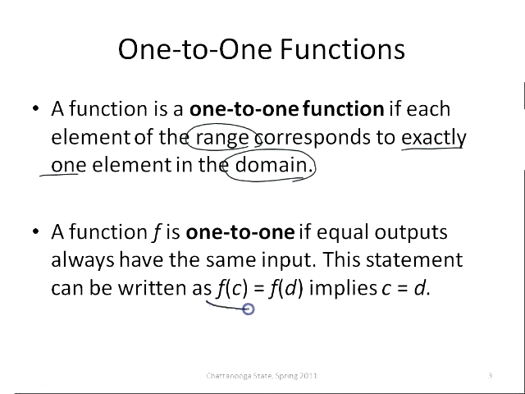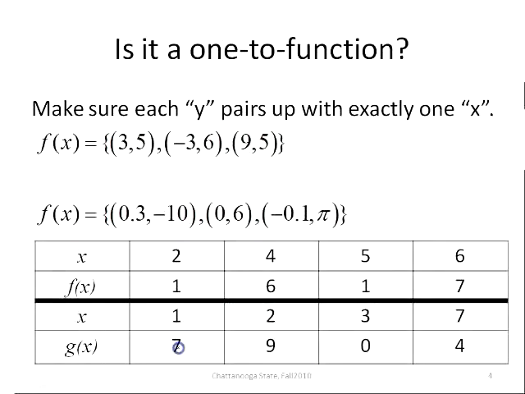So another way to put that is, if you have two equal y values, then you know the x values that gave you those y values have to be equal. So let's see if these are one-to-one functions.